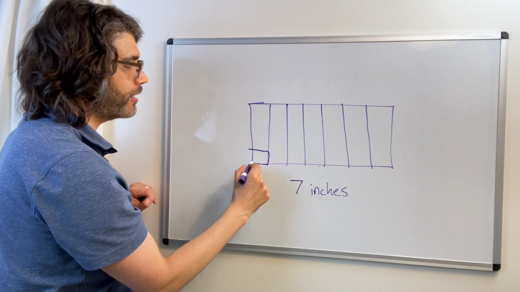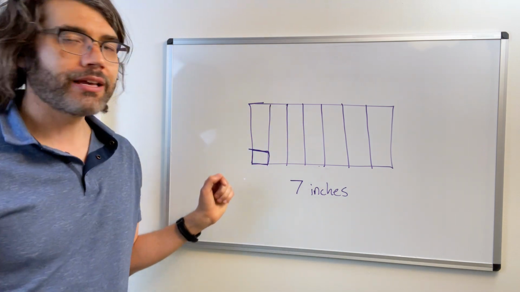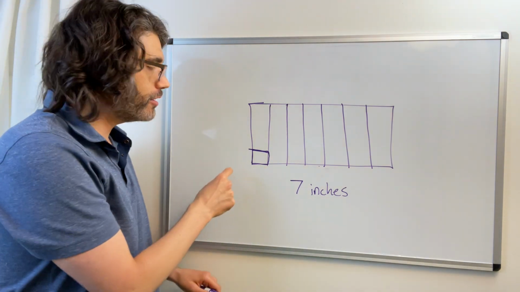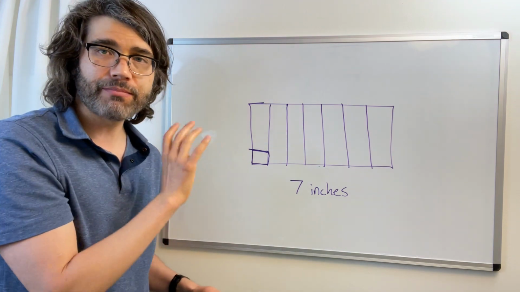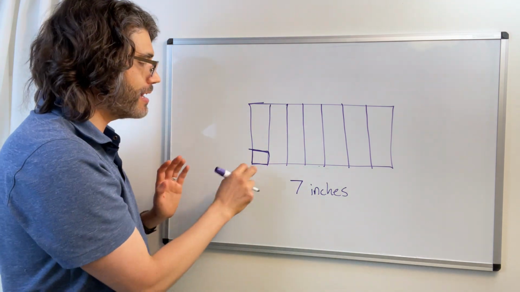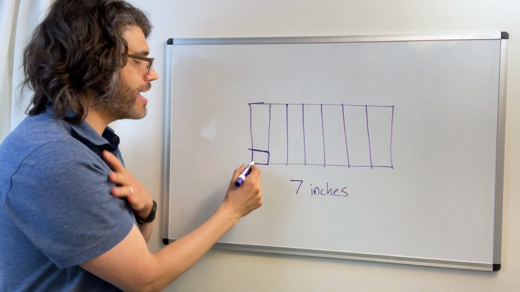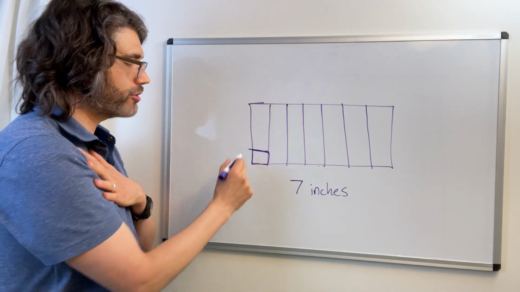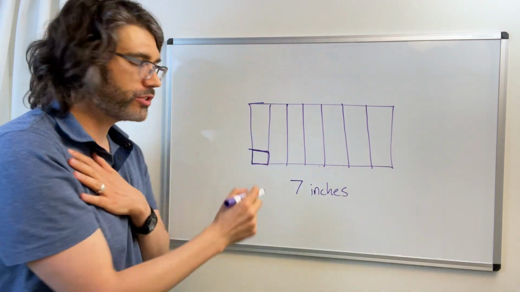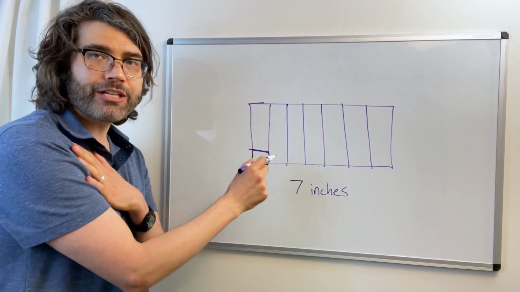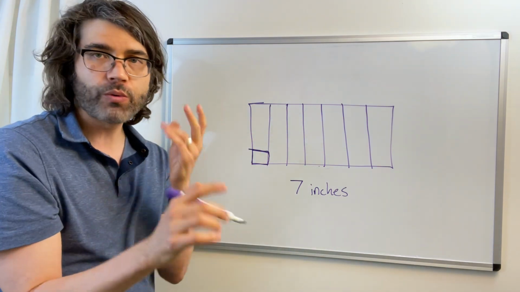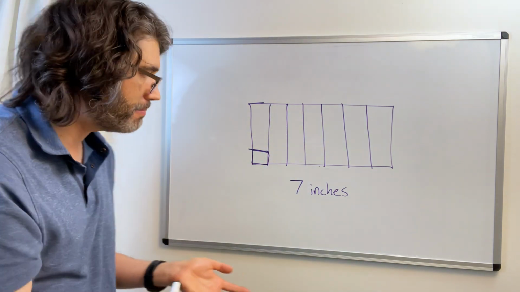A square is a rectangle where all of the sides are the exact same length. So we're gonna pretend that I drew this perfectly and that the horizontal and vertical distances are exactly the same. So it's got 4 sides to it, and each of those 4 sides are exactly 1 inch, or 1 unit in this case, okay?